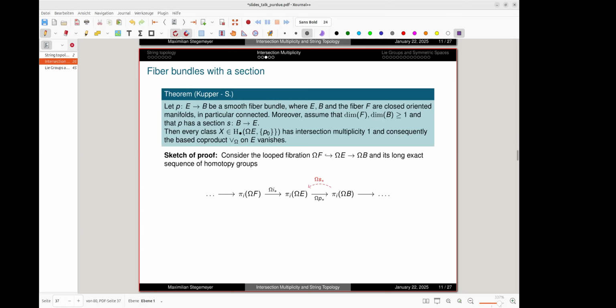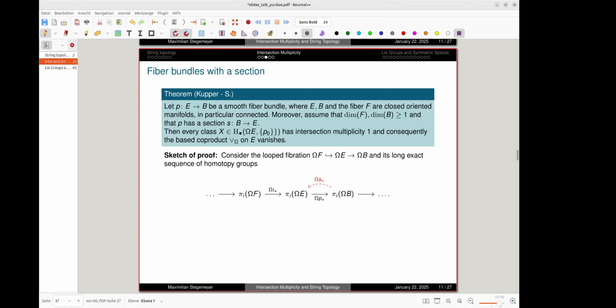The setup you need to make is the following. We can loop this fiber bundle once, and then we get this looped fibration, which gives us the long exact sequence of homotopy groups. You can also loop the section, so you get a section of this looped fibration.